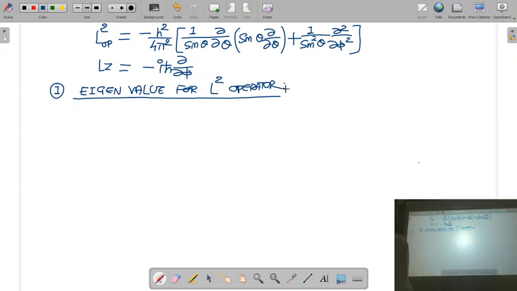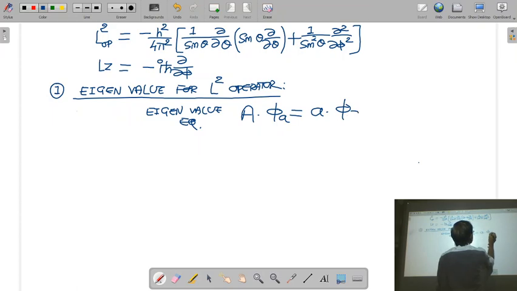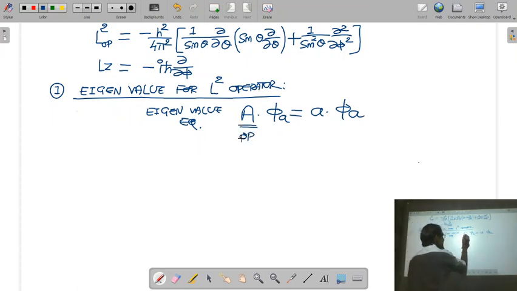You have studied the eigenvalue equation in second year BSc. What is the general eigenvalue equation? This is the general eigenvalue equation, where capital A is the operator.